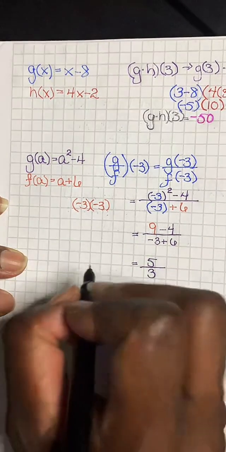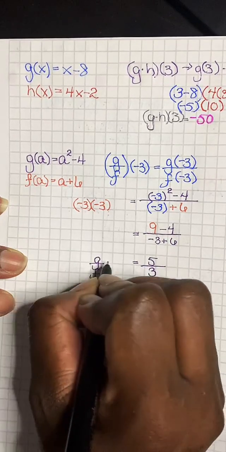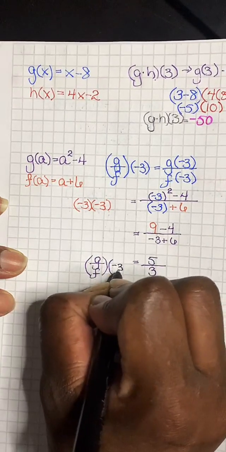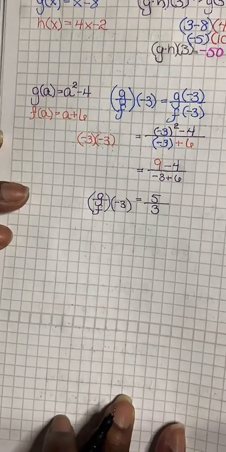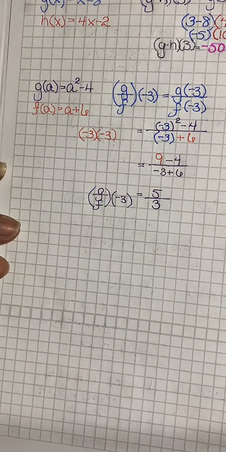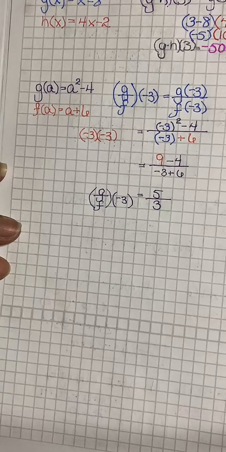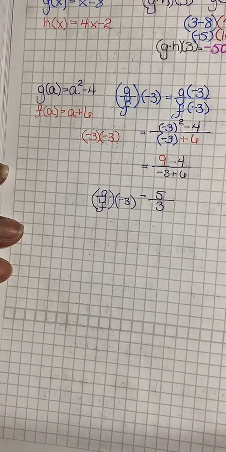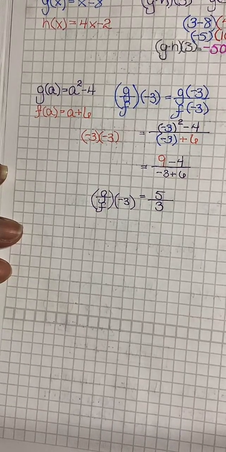So this is telling me that G of F times negative 3 is equal to 5/3. And I know for sure there's going to be people saying we're not supposed to have improper fractions. We can have improper fractions. If you want to make that into a mixed number, you can do that. If you want to make it into a decimal, you can do that. Okay? Right? You can do that.